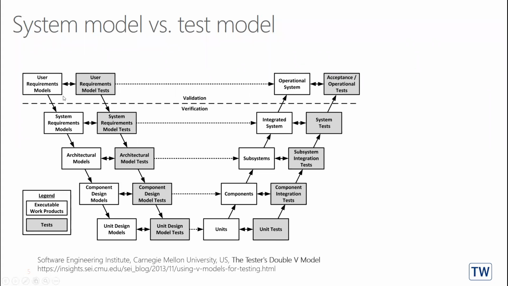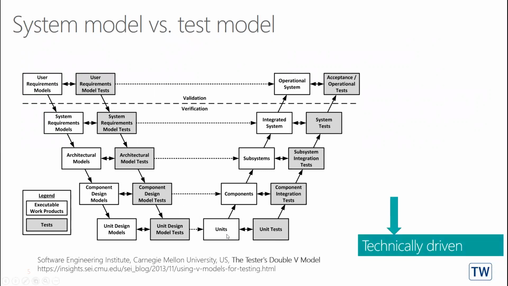On the same levels, we have test models and we have the artifacts, the executable work products: on the highest level, the operational system, the software solution, and on the lowest level, the units, the components coming from a standard vendor like Oracle or SAP, or being developed for legacy software.